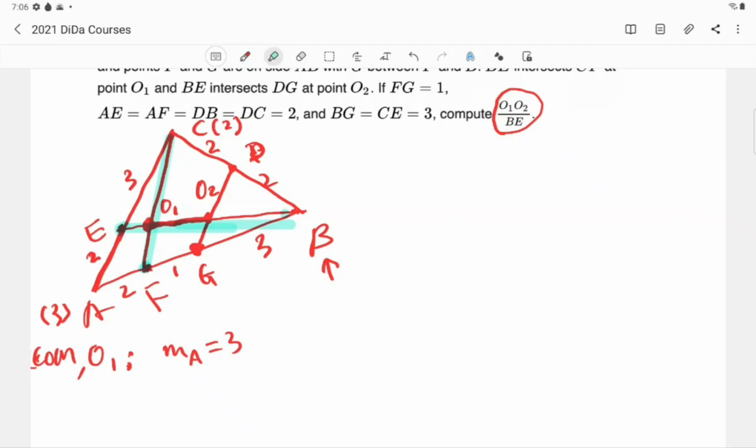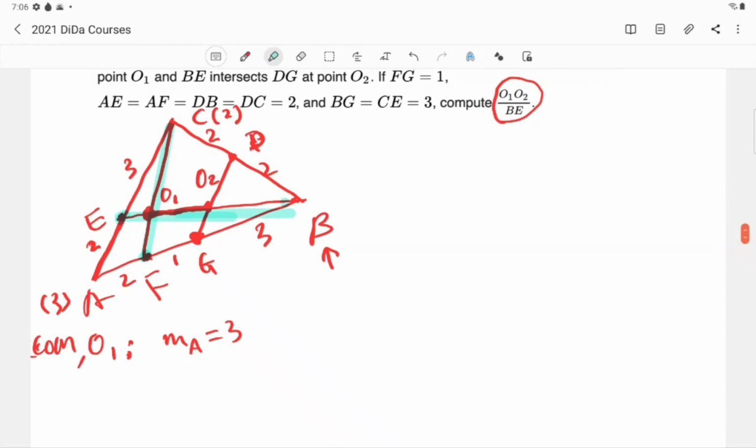So you can only balance around E and F. We already did E. With F, the mass at B would be MA times AF over FB, which is 4. So it's 3 over 2, right? So after this, what do we get?